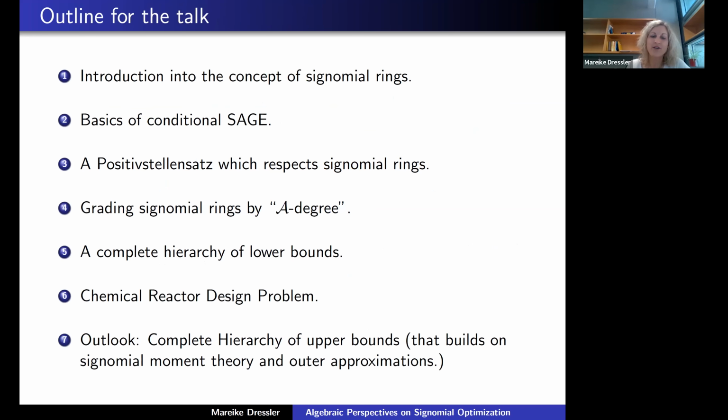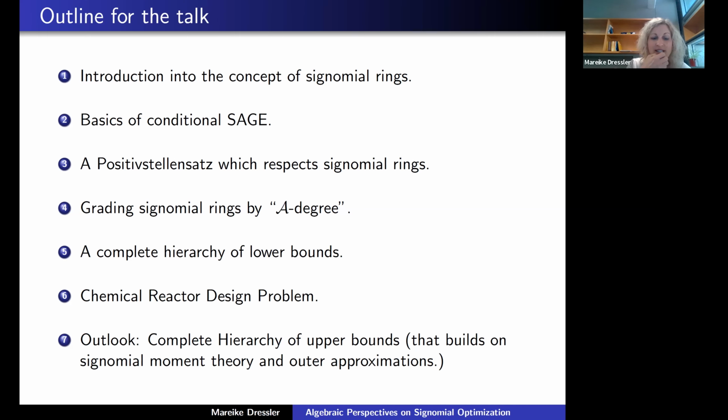All right, so the outline for my talk is as follows. First I introduce you to the concept of Signomial rings. Then I provide some necessary basics of SAGE and also what these conditional SAGE are. Then I present the Positivstellensatz respecting the Signomial rings.